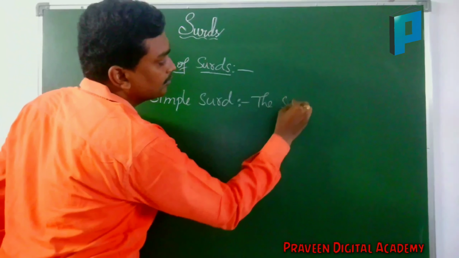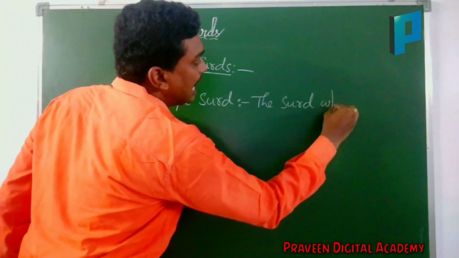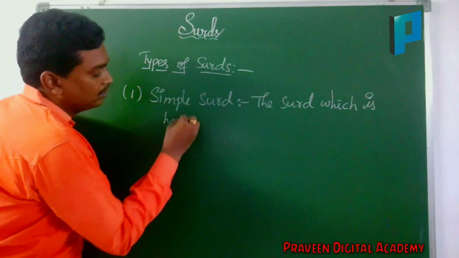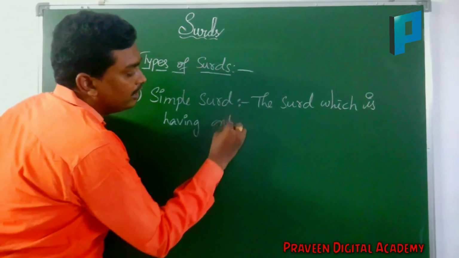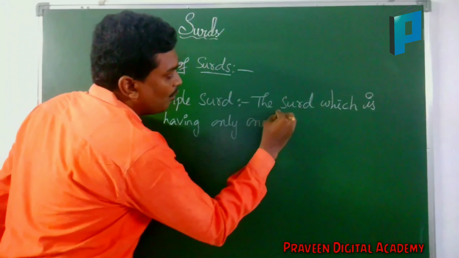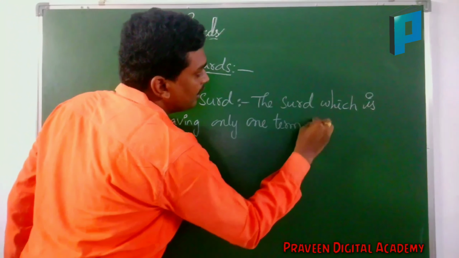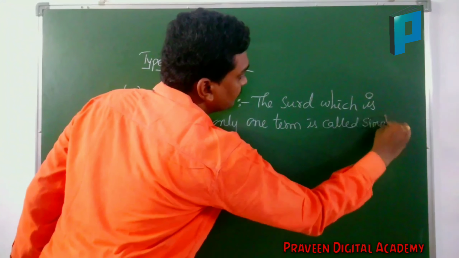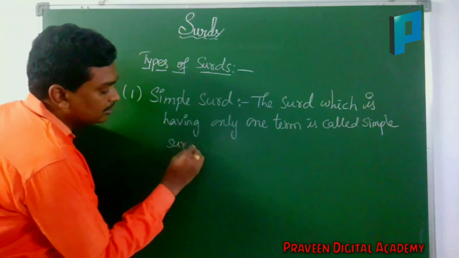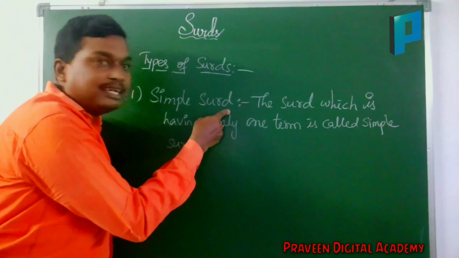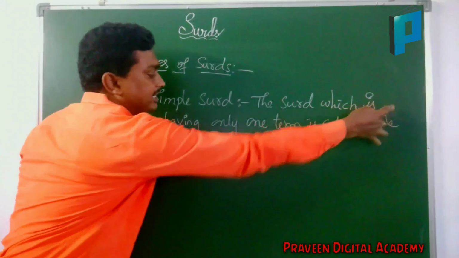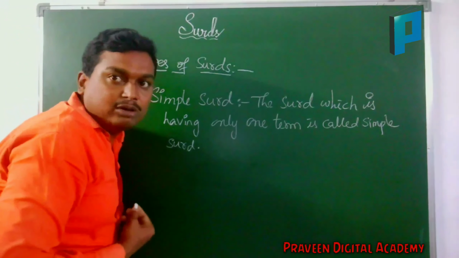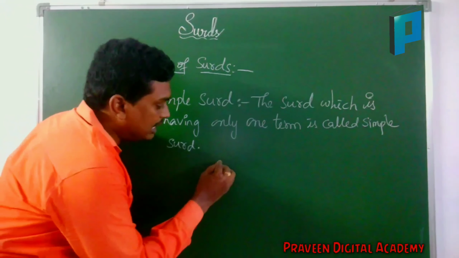The surd which is having only one term is called simple surd. What is meant by simple surd? The surd which is having only one term is called simple surd. Let me give the example to help you understand very clearly.